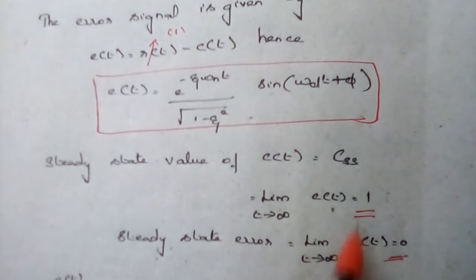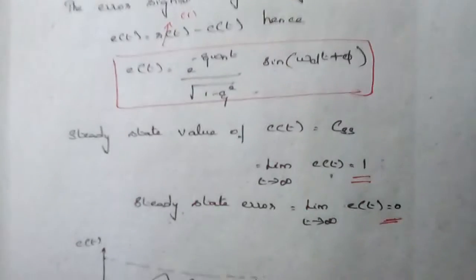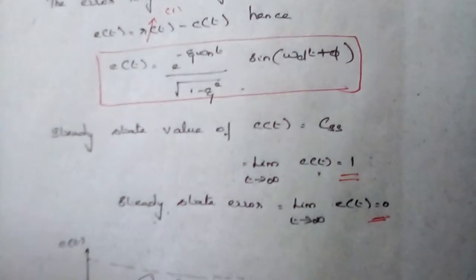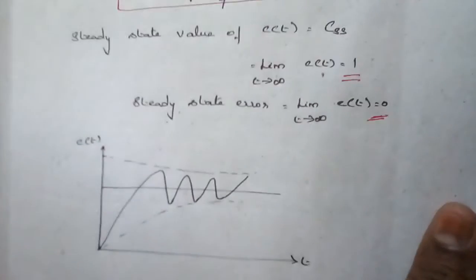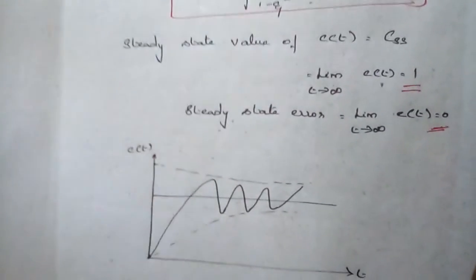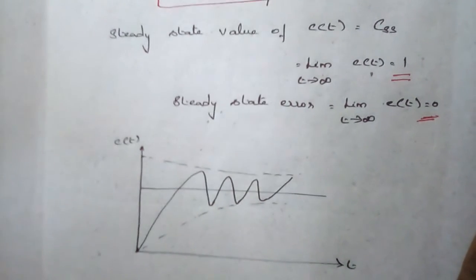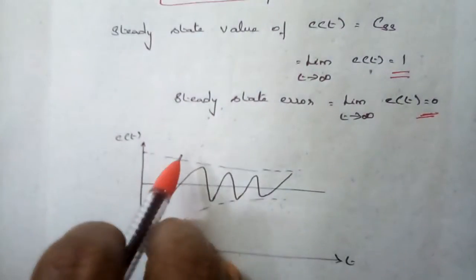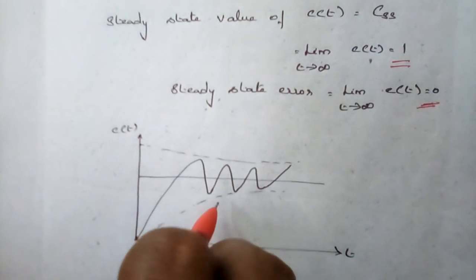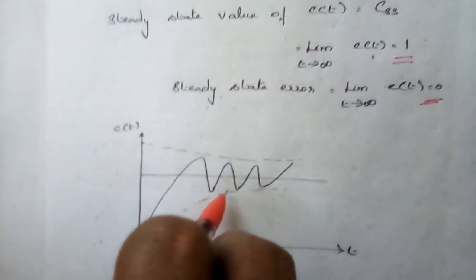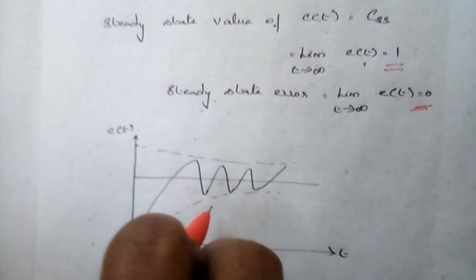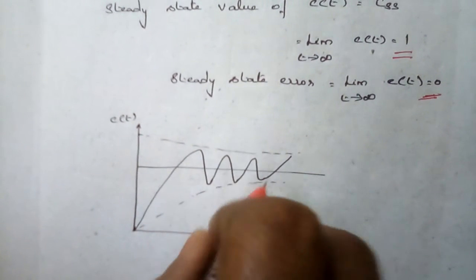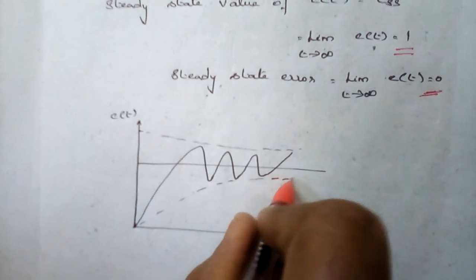Coming to the time response of the second order system when it is subjected to a unit step input, the plot is sinusoidal with an exponentially decaying function. The time response is sinusoidal and exponentially decaying. In steady state, there is no steady state error.